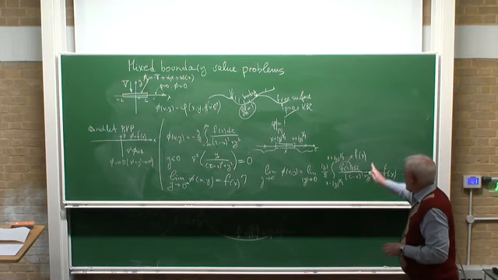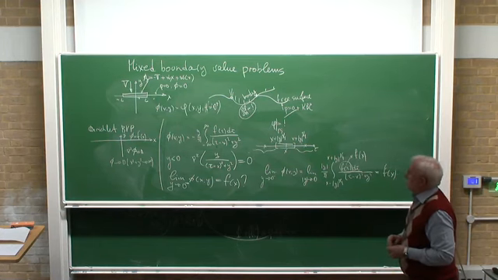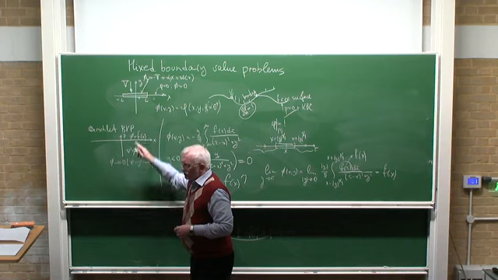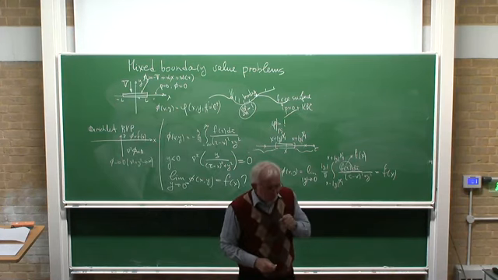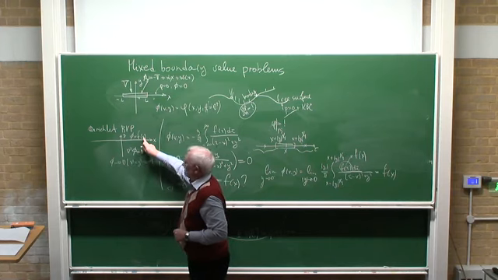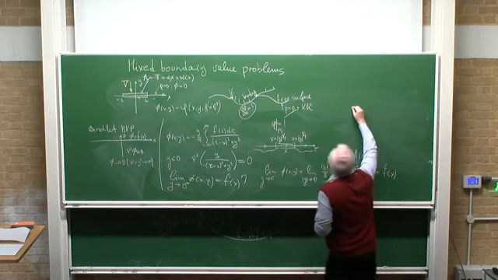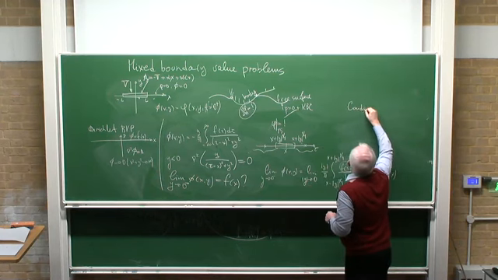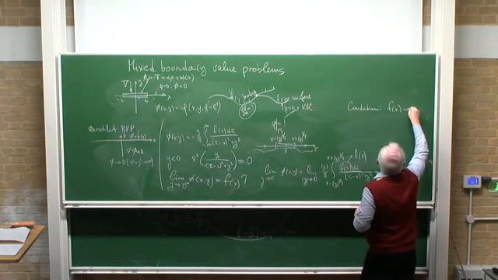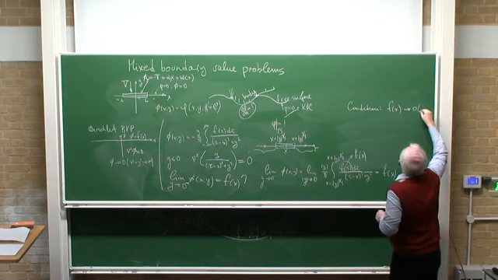But to prove that, we need to know something about the function f. That function f should first decay at infinity, because phi is decaying at infinity. So the conditions of this analysis: f of x tends to 0 at infinity.